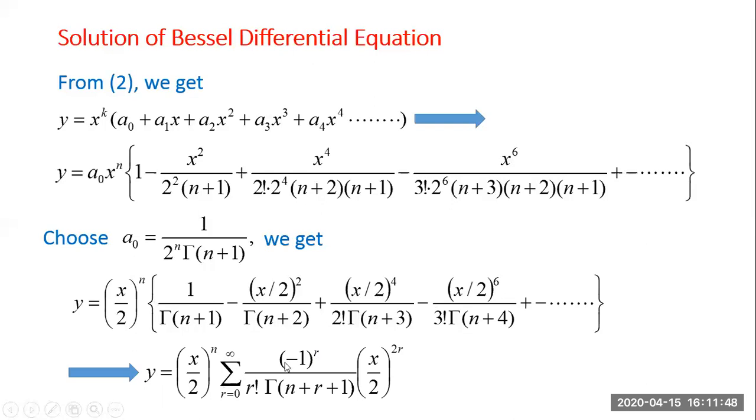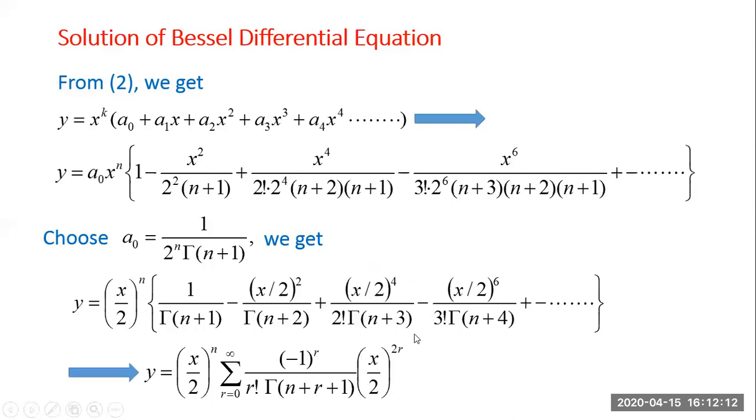When I take r is equal to 0, minus 1 power 0 becomes plus 1. R is equal to 1, I get minus 1 power 1 as minus 1. So minus sign I get. R is equal to 2, minus 1 square, I get plus 1 and minus 1 and so on. So these alternate signs are taken care of by minus 1 power r for various values of r.